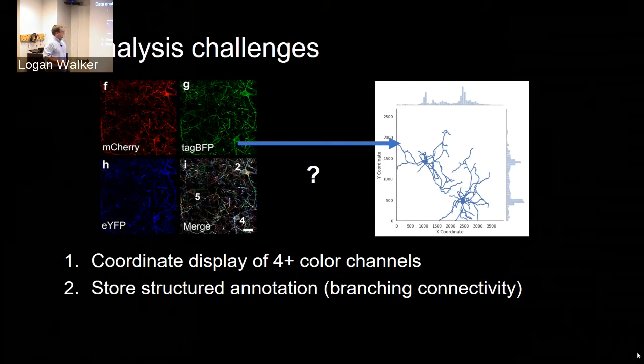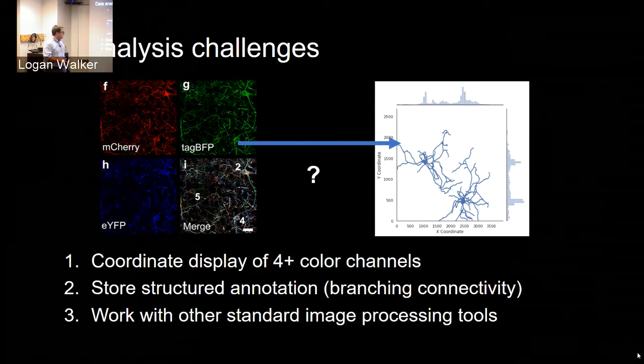So you need to deal with that. And then finally, you need it to work inside of a dynamic image processing toolkit, because even though these images look really nice when they're all done, before you can use them for science, you have to preprocess and crop the images, and maybe you have to do multiple rounds of imaging and align them together. So you need the tool that you're using to be compatible with other image processing tools.